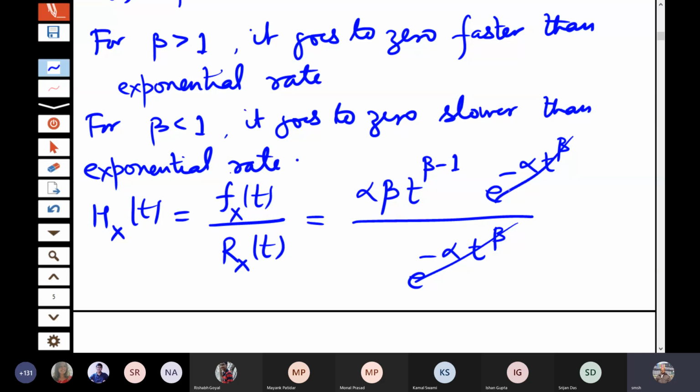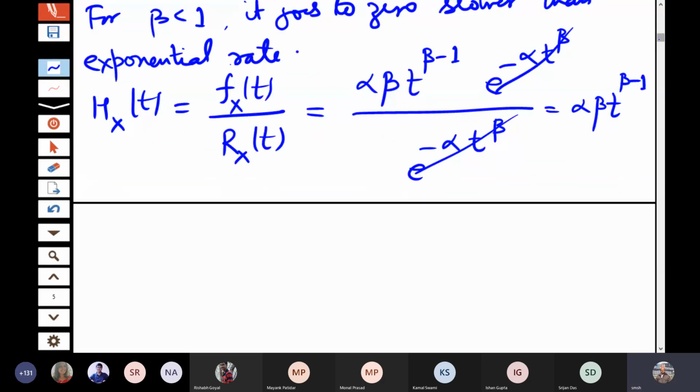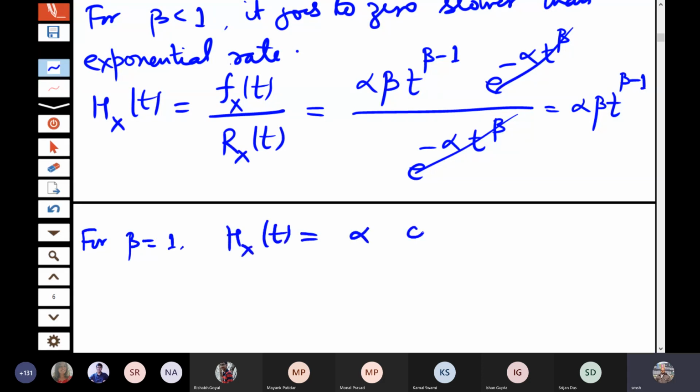So this cancels out and you are left with alpha beta t to the power beta minus 1. So as you can see, for beta equal to 1, it is exponential distribution. So this is constant. For beta equal to 1, h(t) is simply alpha, that is constant.